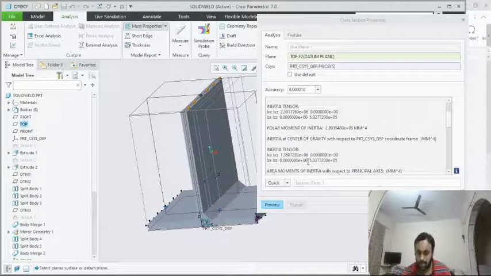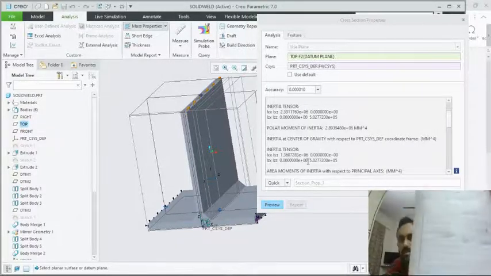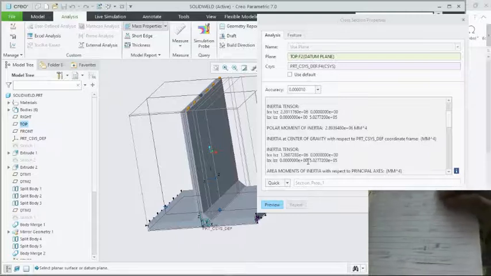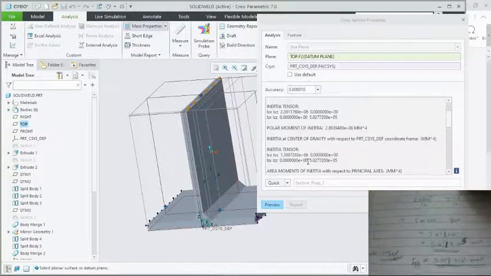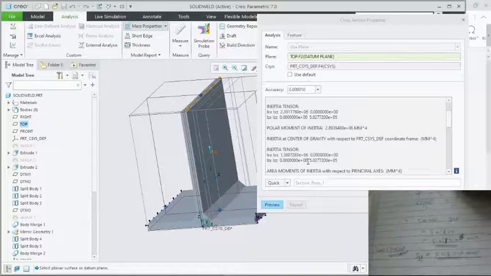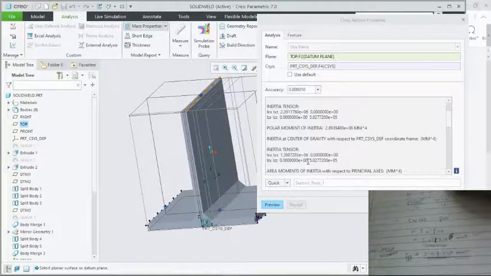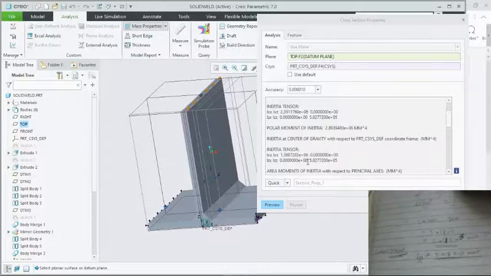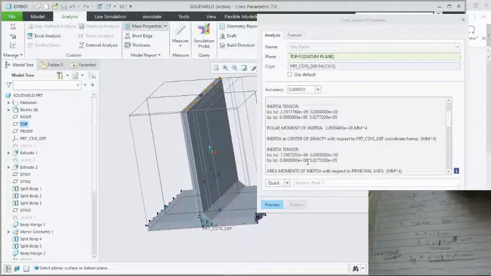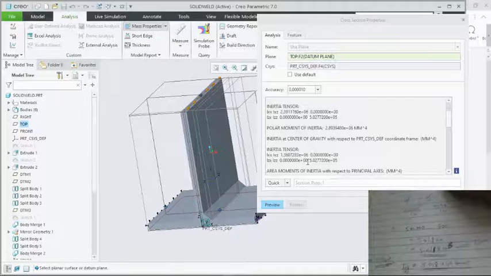I am getting approximately the same value with the mathematical calculations. That is IXX 1.345 times 10 to the power 6 millimeter to the fourth, and IYY 5.08 times 10 to the power 5. So this is the mathematical value that I am getting.